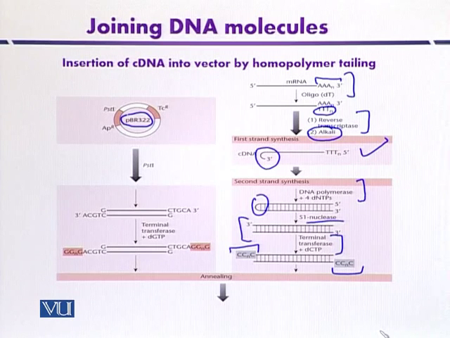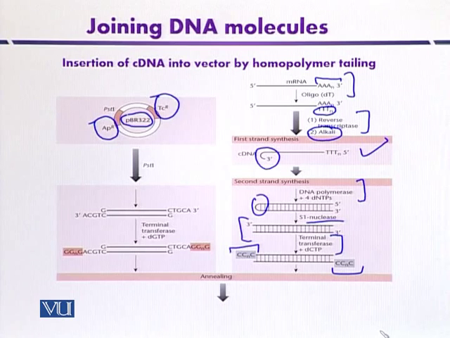This pBR322 vector has two selectable markers for antibiotics. One is tetracycline resistance, and the second one is for ampicillin resistance, so that it can select the transformants when we grow them on a medium that is supplemented with these two antibiotics.